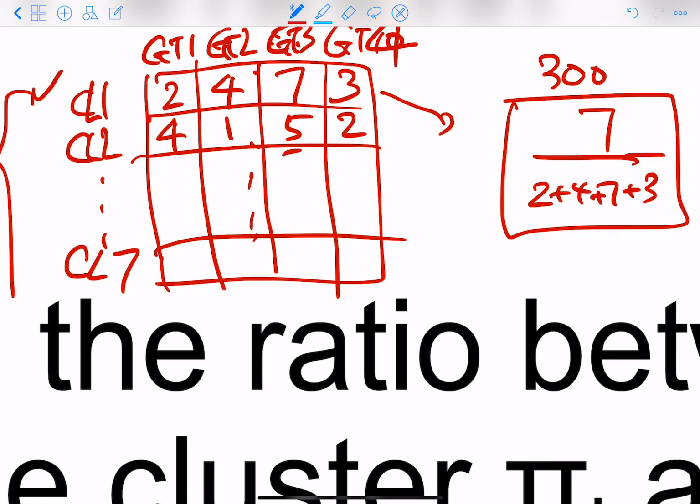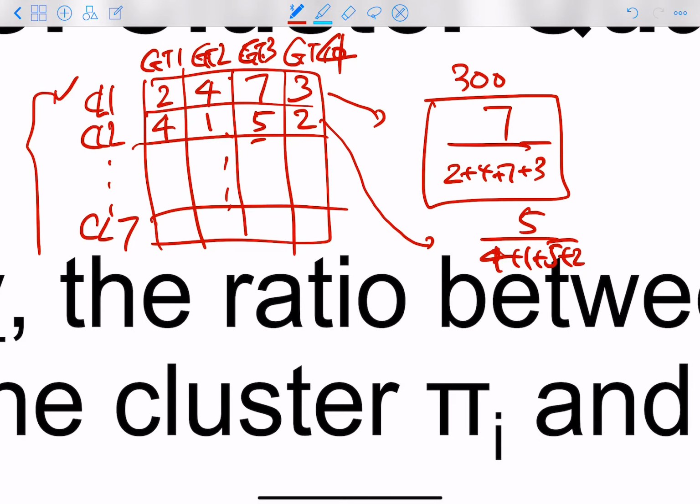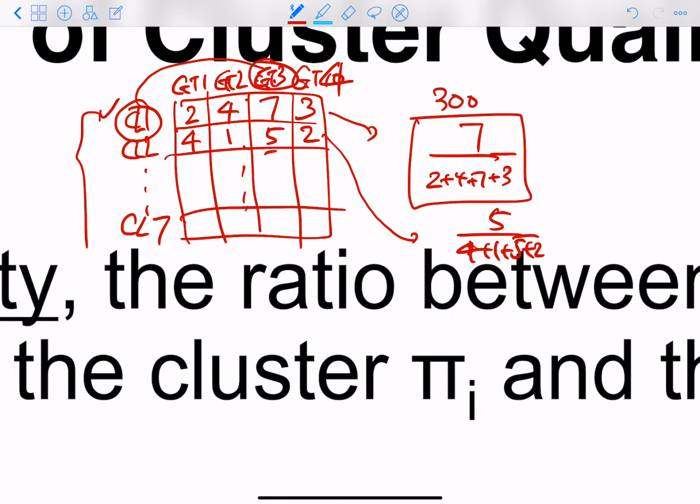So in the case of the second cluster and its purity, how is it defined? In this case, it is no longer mutually exclusive. Cluster 1 is paired with predefined class 3, and cluster 2 is also matching with the same ground truth class 3.